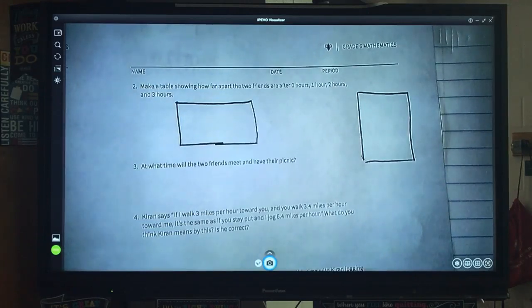I'm doing a long race. Okay, guys, we're not doing the table yet. So, converting the hours per minute.